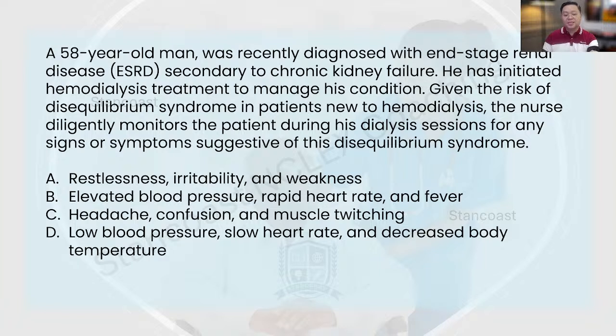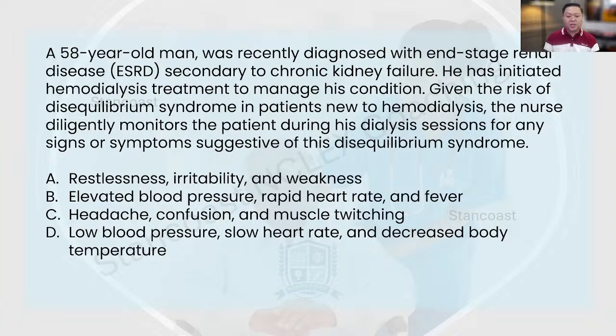All right, so time is up. We're going to have to go through each option. Now, at this point, we have letter A, restlessness, irritability, and weakness. Now, this group of symptoms may occur in our patient having a dialysis, right?